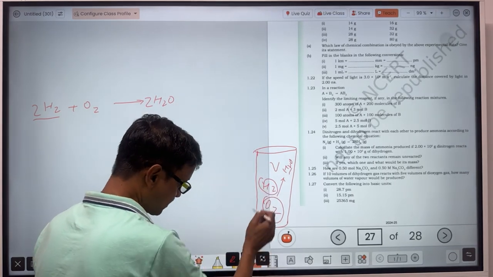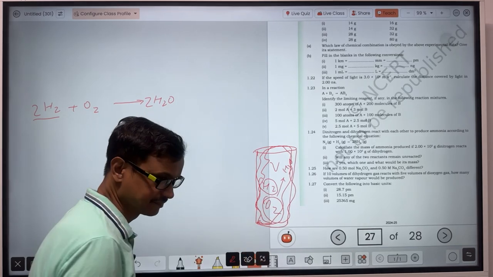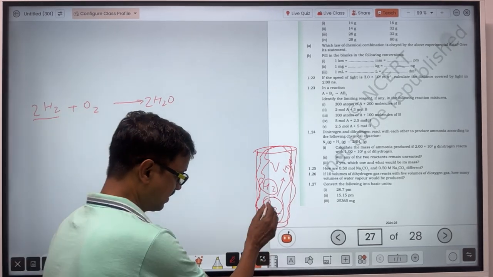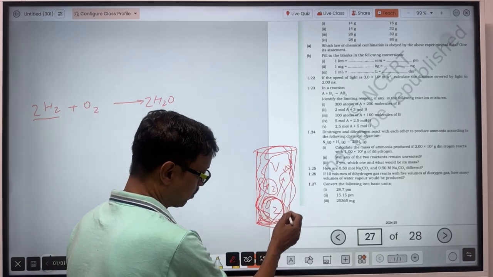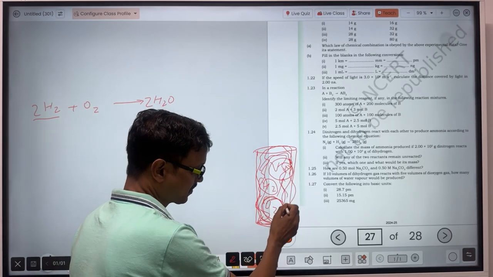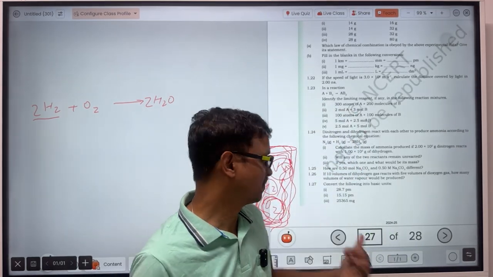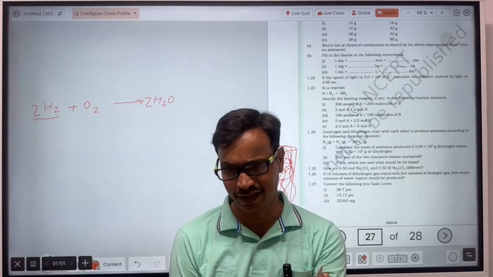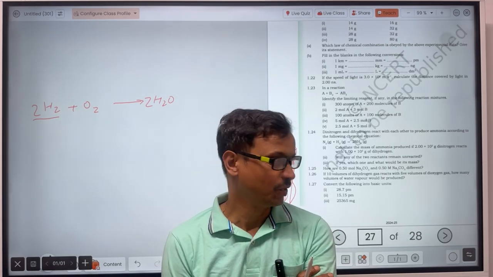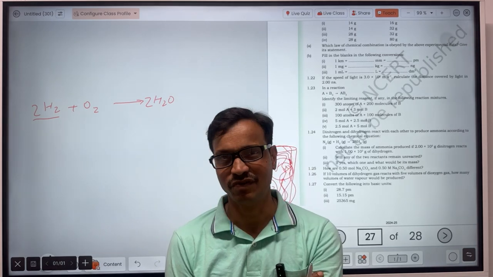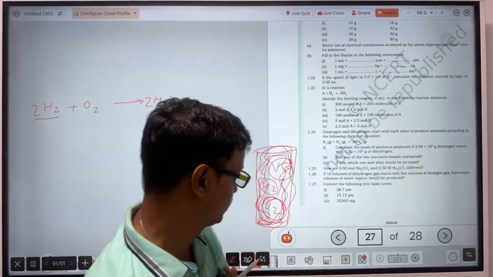Because hydrogen particles will distribute uniformly over the whole of the container. In the same way, oxygen O2 is also distributed in the whole of the container, and water vapor will also distribute in the whole of the container. So that's why the volume of oxygen will be the volume of the container, the volume of hydrogen will also be the volume of the container, and the volume of water vapor will also be the volume of the container.